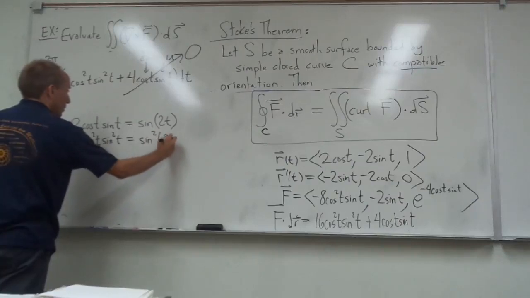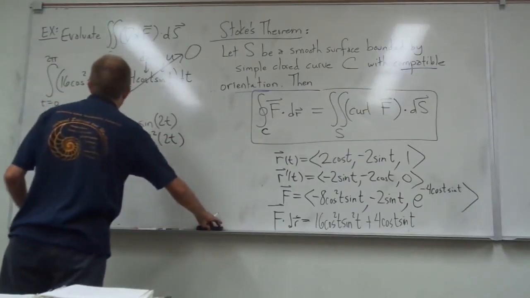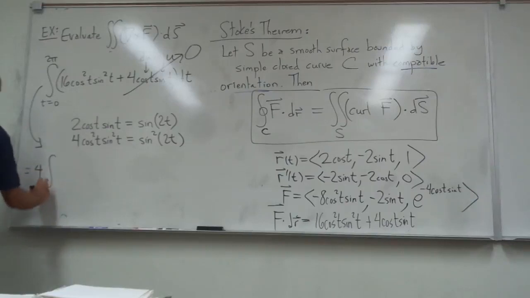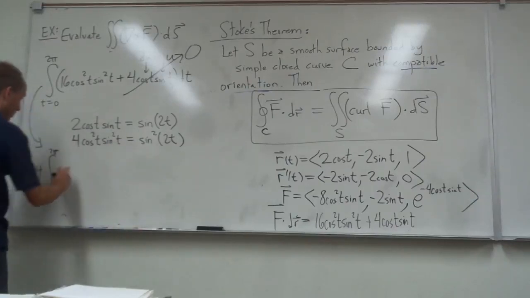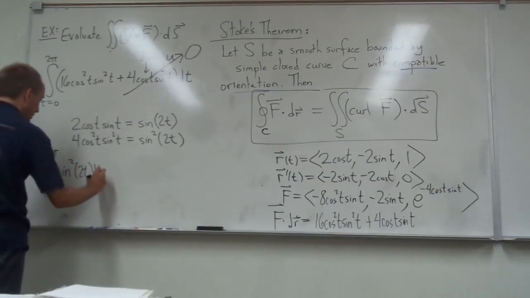It's going to be looking kind of like that. But we're going to need to take out, so out of this 16, I'm going to take 4 outside, and then I'm going to integrate t from 0 to 2 pi of basically this, which is just the sine squared of 2t dt.